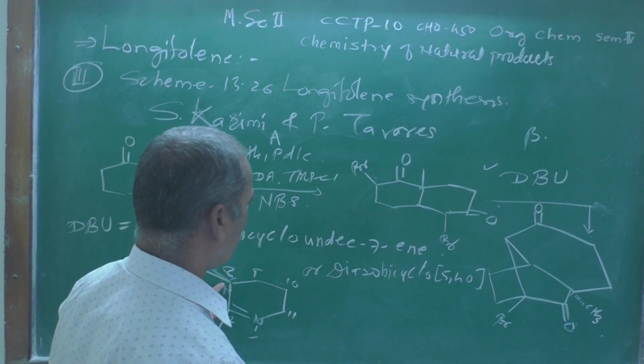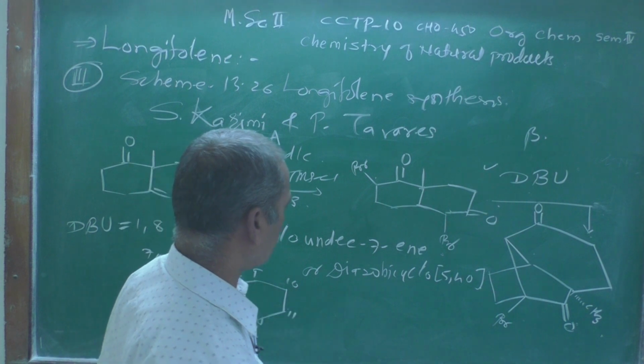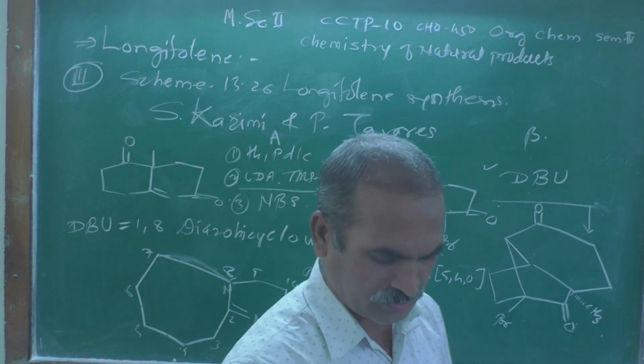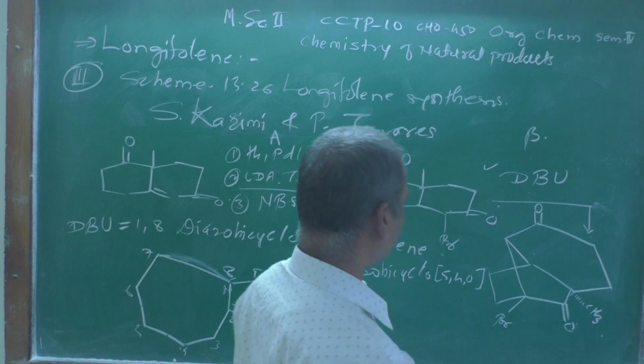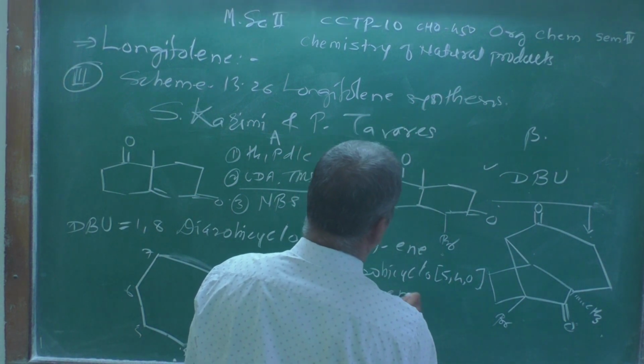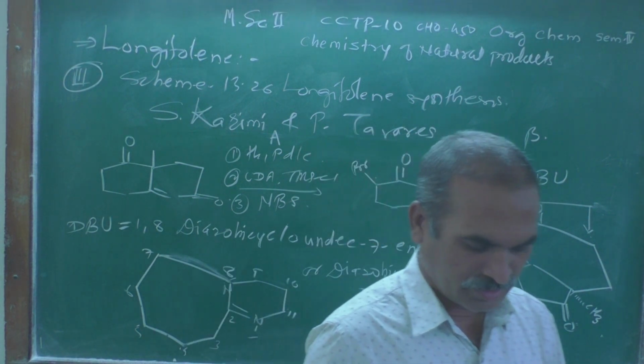Junction is 0, so 5.4.0 undec-7-ene, that is the name of this compound.